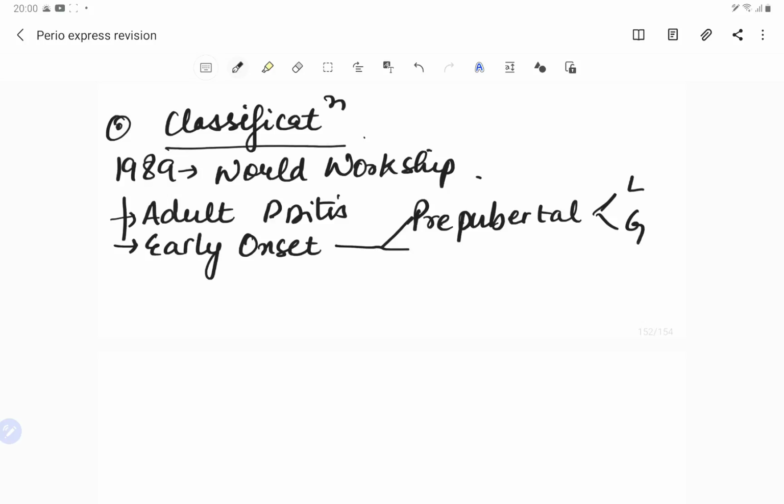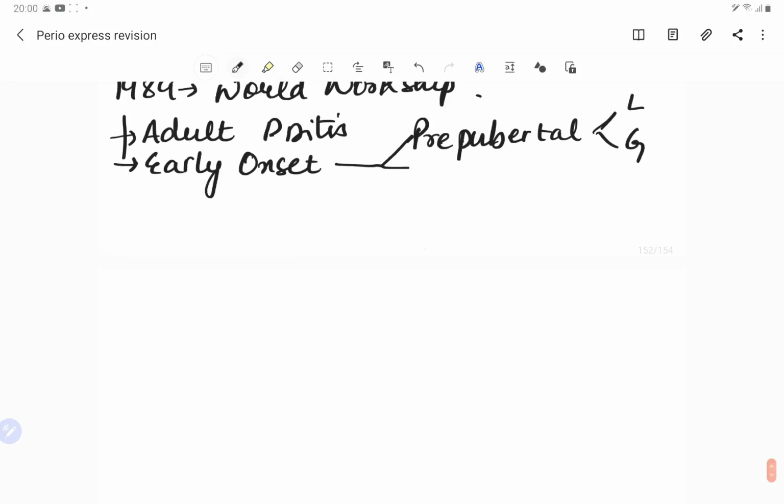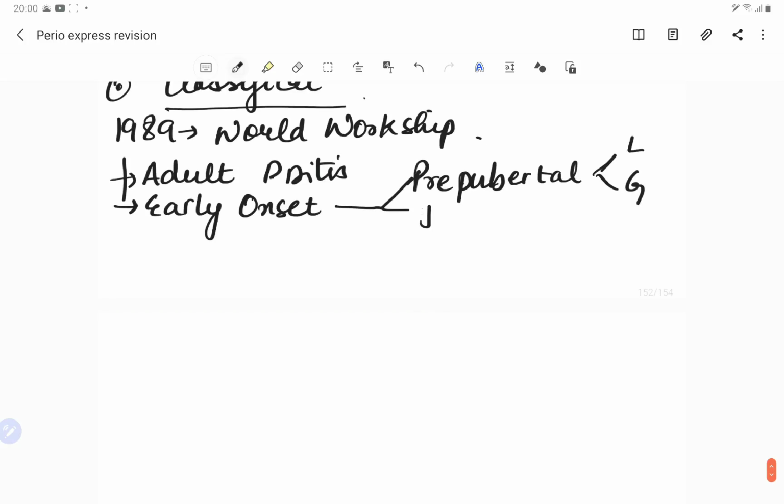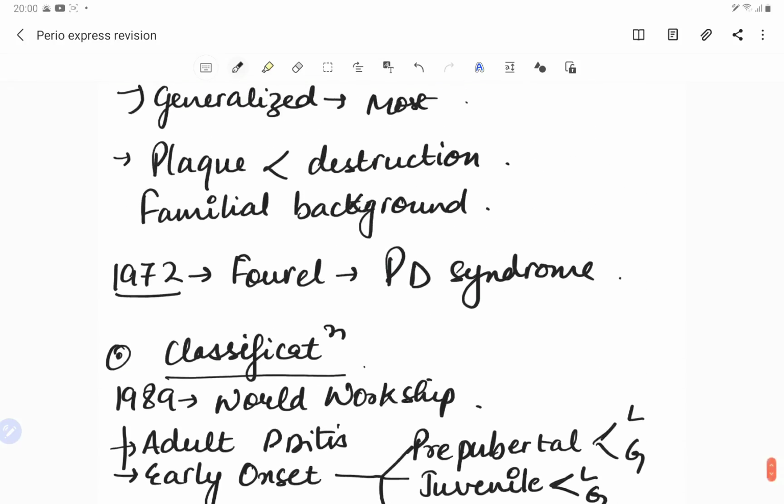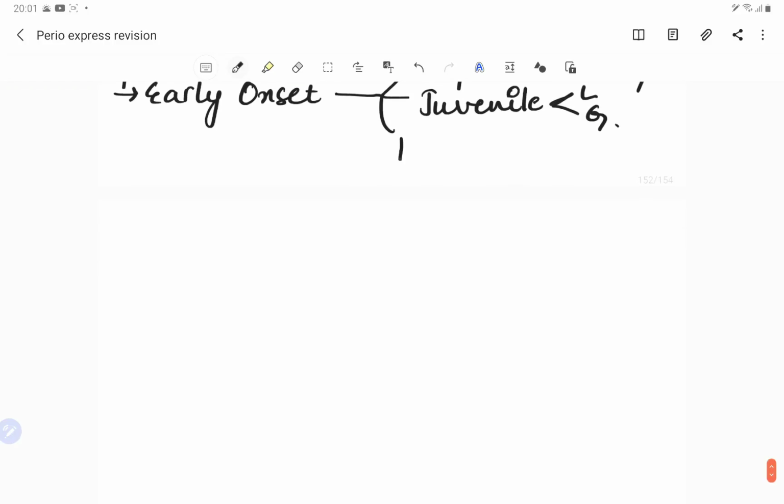In early onset, that means early disease, one is prepubertal, before the puberty. One is juvenile, which is circumpubertal, close to the puberty. So localized, generalized. And they also said one more form, which is rapidly progressive periodontitis.